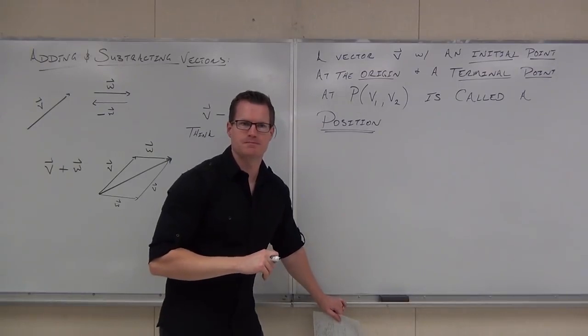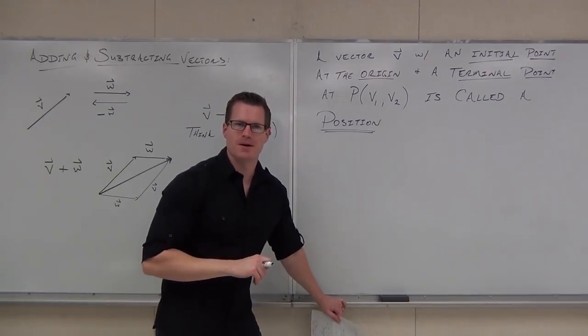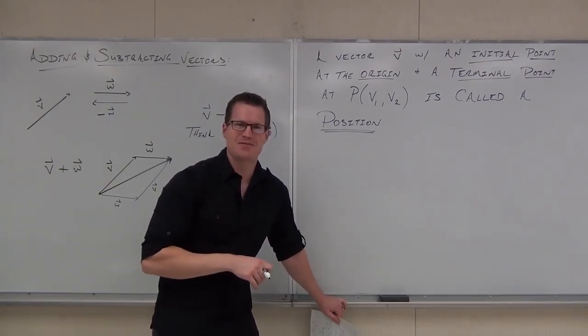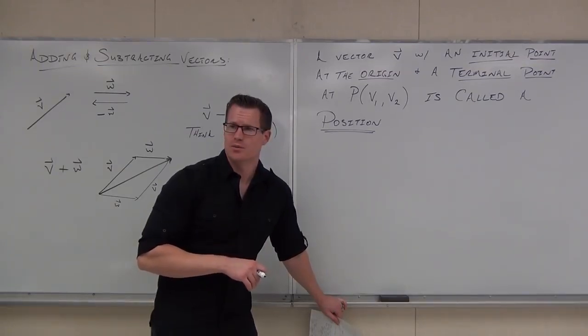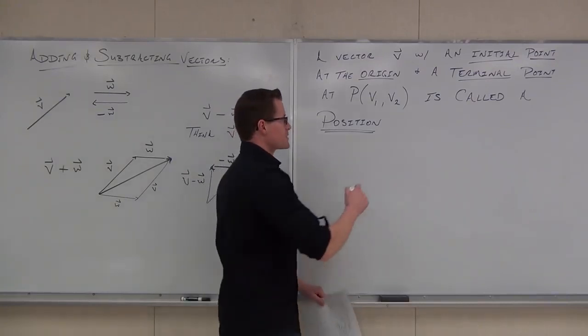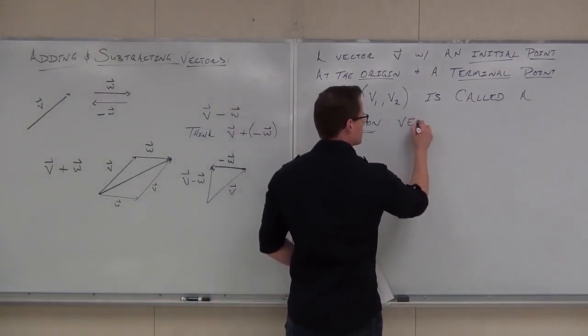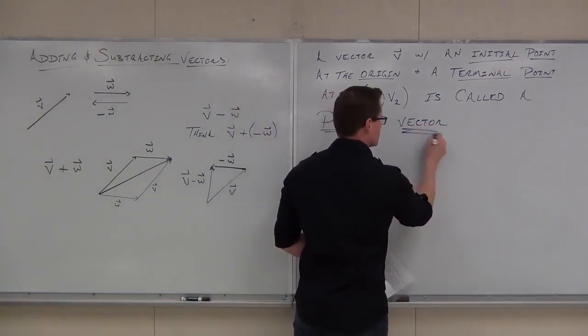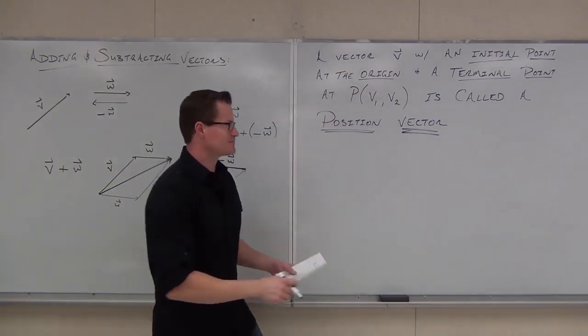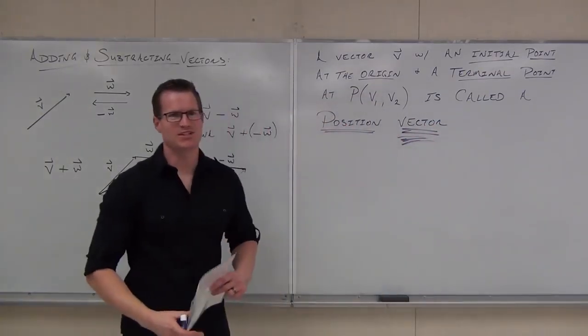Did I say position function? I did say that. I'm sorry. I'm about 3 chapters ahead of where we are. Position vector. We will be talking about position functions in chapter 13, I think. So we're going to get there. I misspoke here. Position vector.